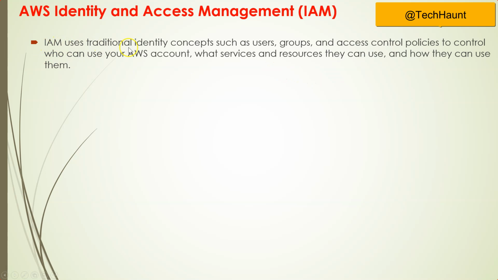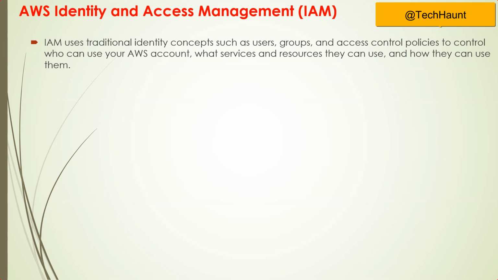So IAM uses traditional identity concepts such as users, groups, and access control policies to control who can access your AWS accounts, who can access and use your services and resources, and how they can use them. IAM is a very powerful service that allows you to control how people and programs are allowed to manipulate your AWS infrastructure.